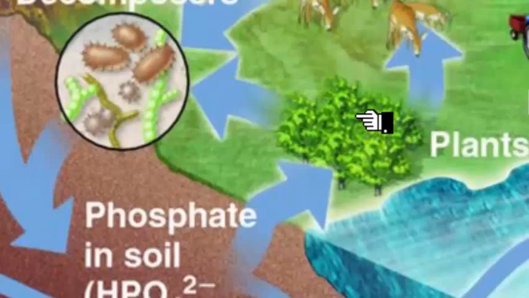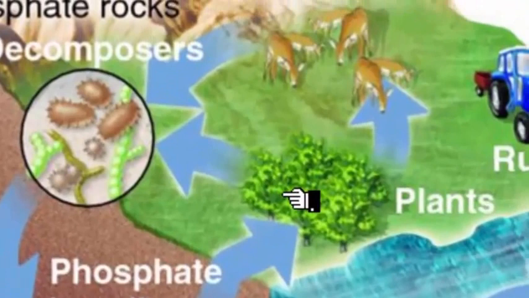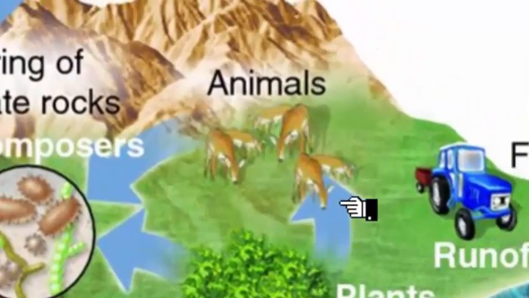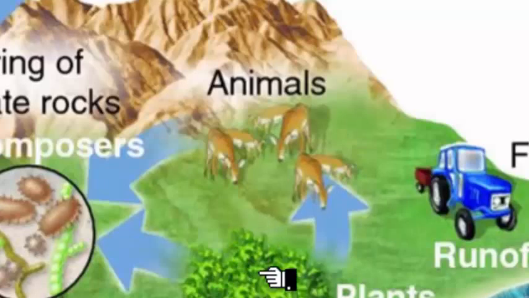So the phosphates then move from plants, which use them for the process of photosynthesis and so on, or to form their own proteins. It moves from plants to herbivores, and then from herbivores to carnivores, which would indirectly eat the plant, so still having their own source of phosphorus.